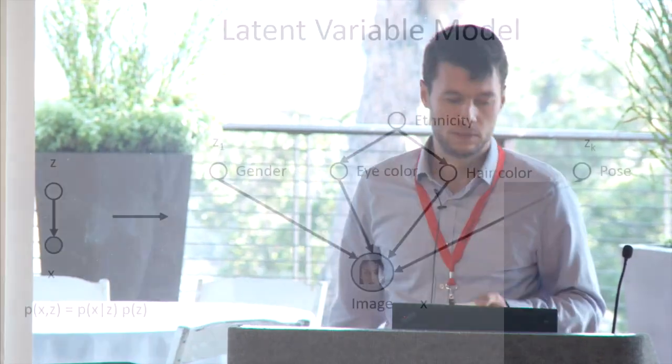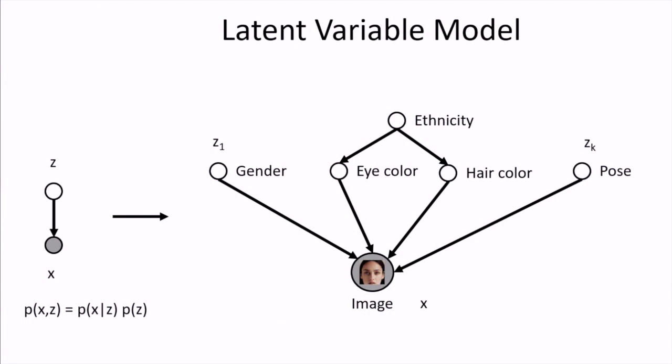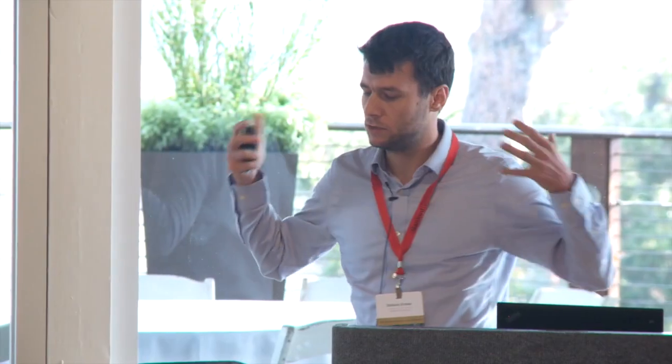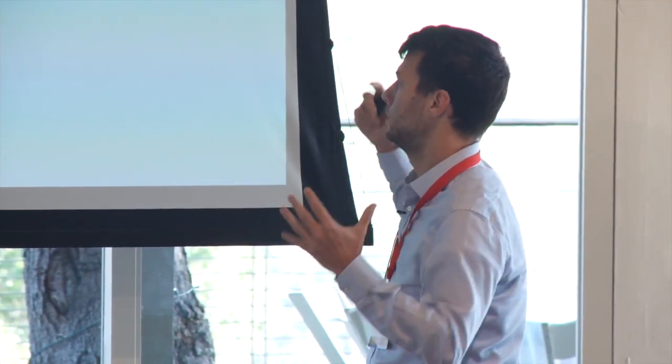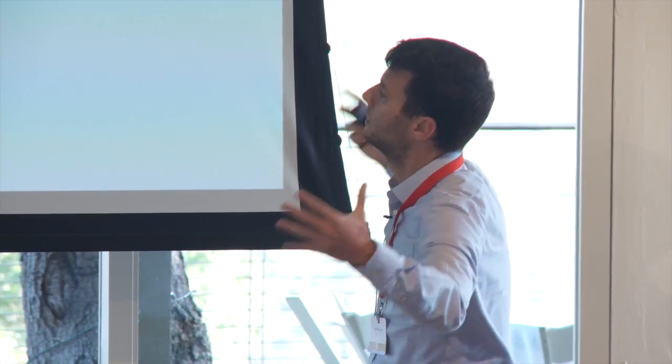So a natural way to approach the problem and try to construct this kind of models is to use latent variable models. So the idea is that there is going to be an image, which is what we get to see. And the assumption is that this image is generated by a process where there are some kind of hidden variables that capture all the latent factors of variation in an image. Like it might be the ethnicity of a person, the hair color, the eye color, the gender, the pose, and many more.